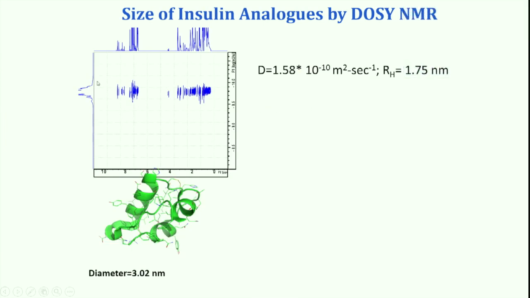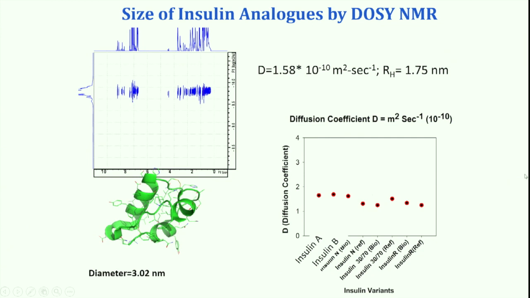Now, that is what we did for one of the insulin analog APIs, and you see the theoretical diameter is 3.2 nanometer. When we measure with DOSY, we are getting a hydrodynamic radius of 1.75, which is quite closely matching. Then we went ahead and did diffusion coefficient analysis and RH for many other insulin variants, and you can see more or less they are falling in this region.